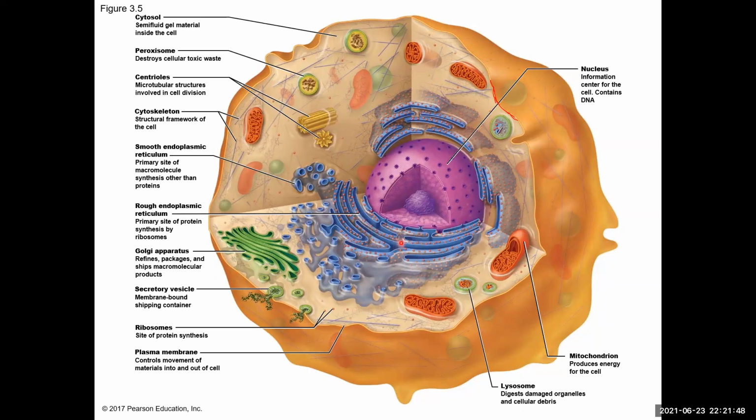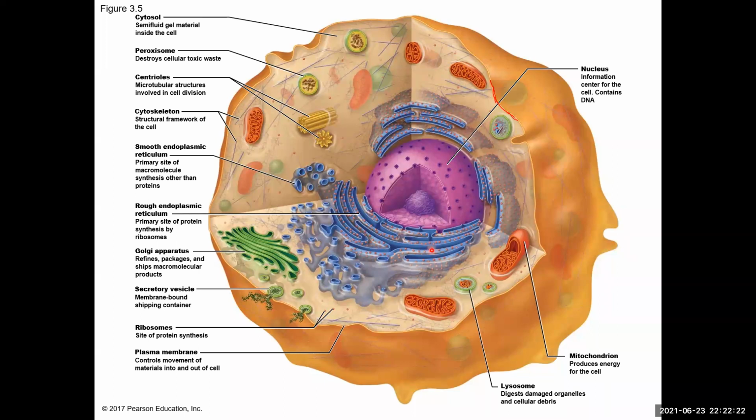nucleus is what's called the endoplasmic reticulum. So these blue membranous folds are two types of endoplasmic reticulum. The one that's directly attached to the nucleus is the rough endoplasmic reticulum, and it gets its name because it has ribosomes attached to the outside surface.